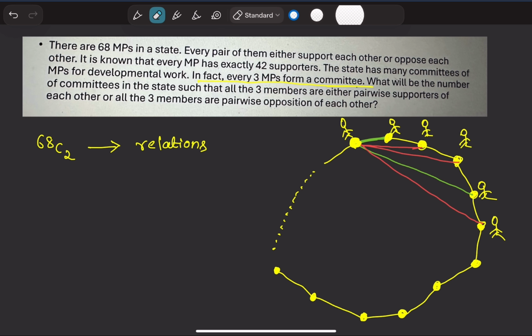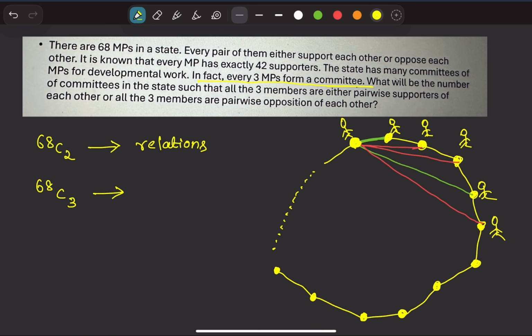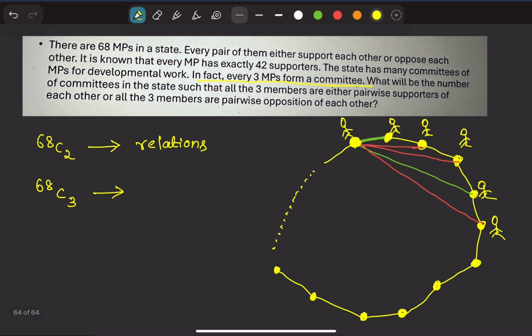All right. And the committee is simply 68C3. This is the number of triangles formed by using the vertices of the polygon. All right. So this is the number of committees. So see how beautifully we have converted a permutations and combinations problem into a geometry problem.